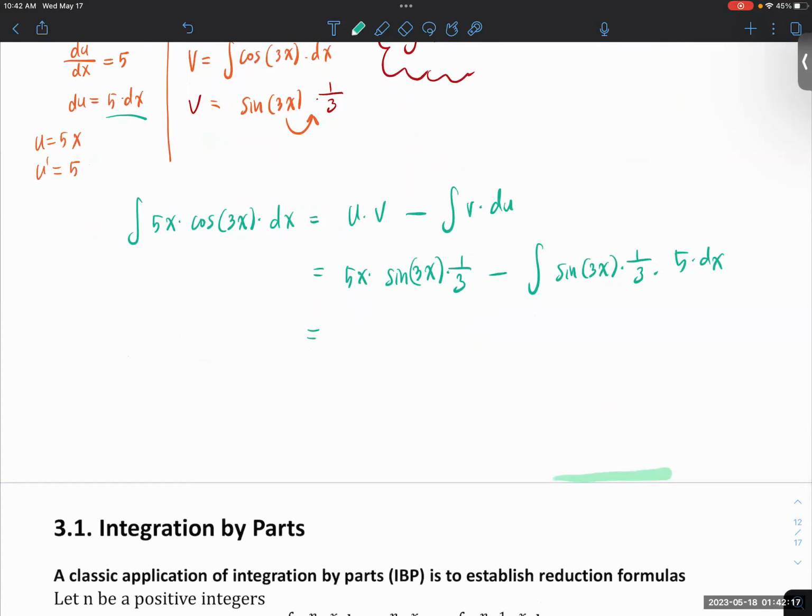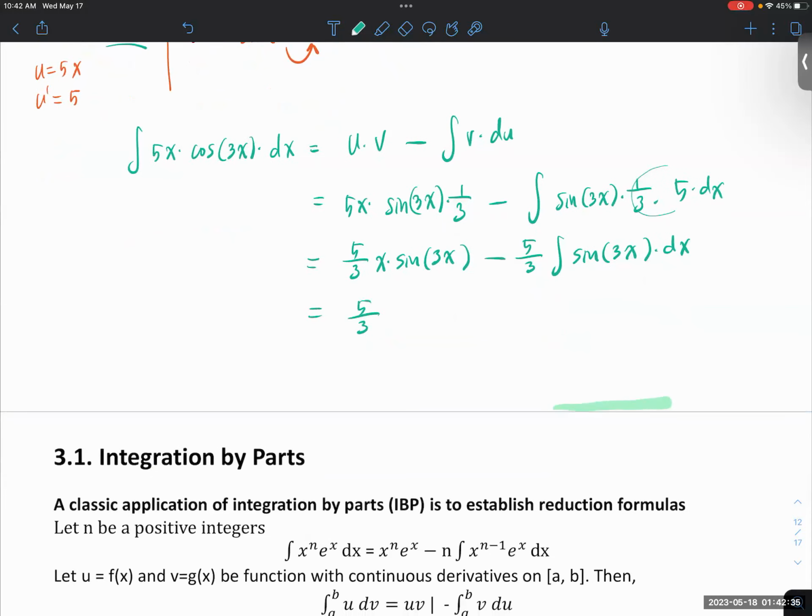So simply simplify: 5 over 3 x times sine 3x, and then I can bring the constant out, 5 over 3 times the integral of sine 3x dx.